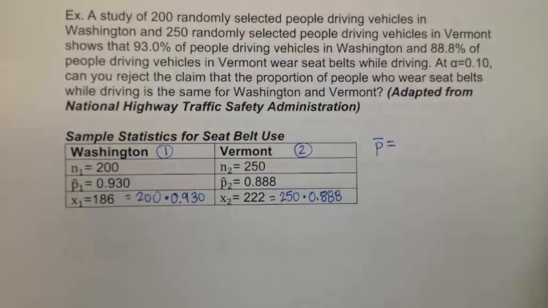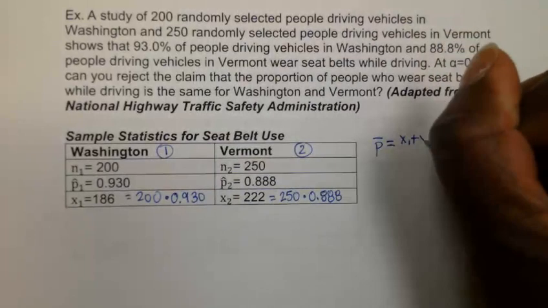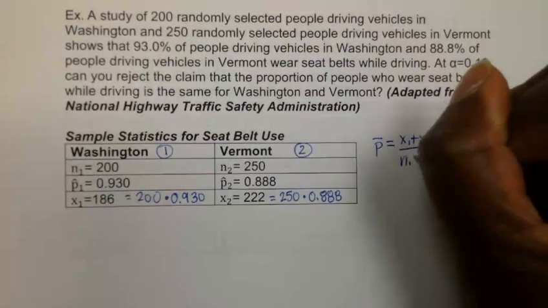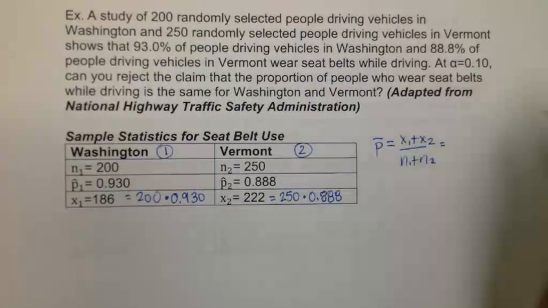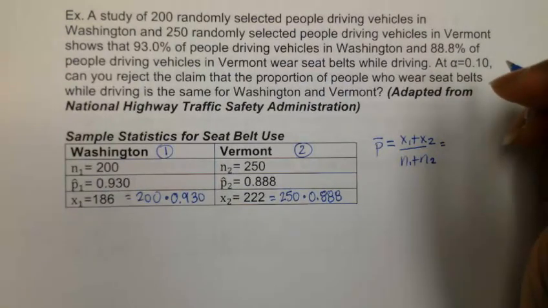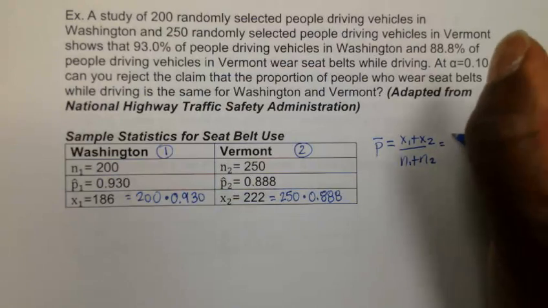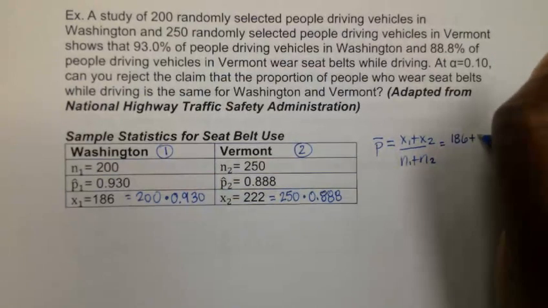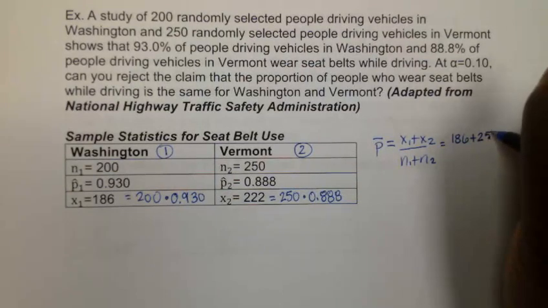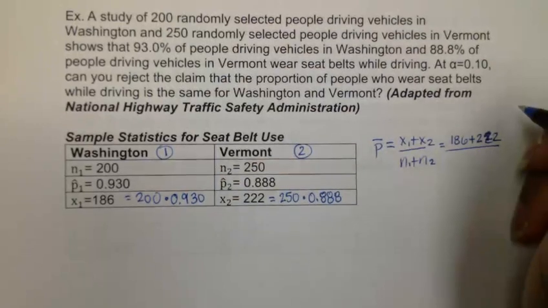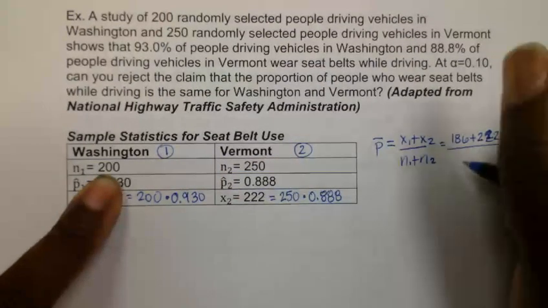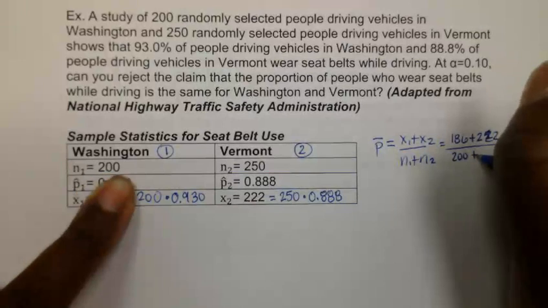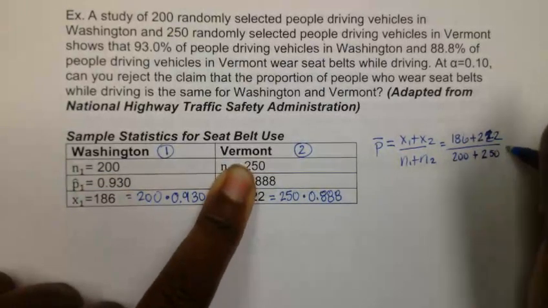So remember, p bar is x1 plus x2 over n1 plus n2. So x1 plus x2 over n1 plus n2.